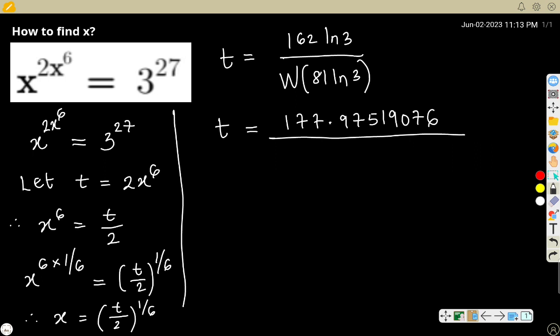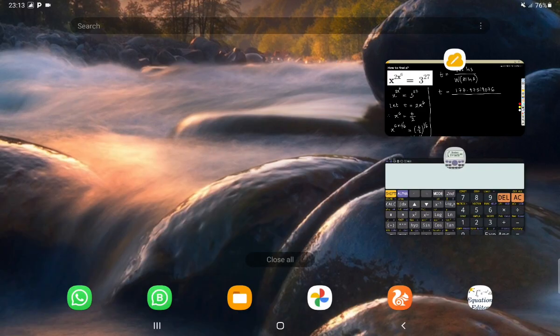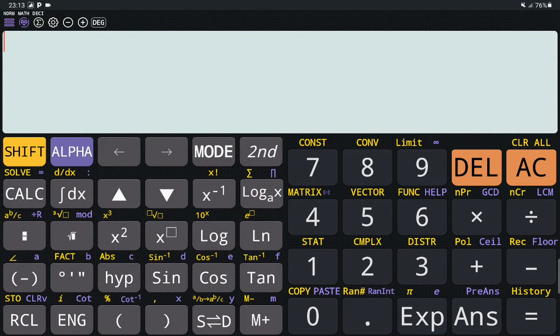So W 81 ln 3 is what we want to press. I hope this will not cancel. So now to compute it, press alpha. See the symbol alpha, that purple, alpha E. So that is how you can get E.